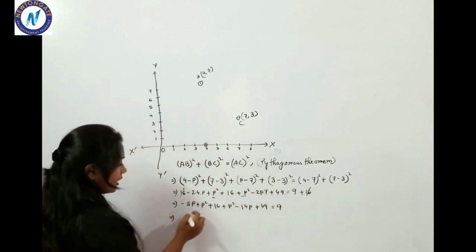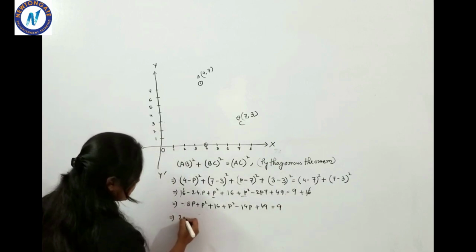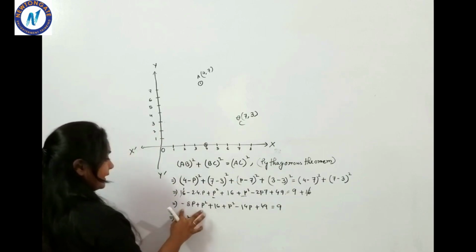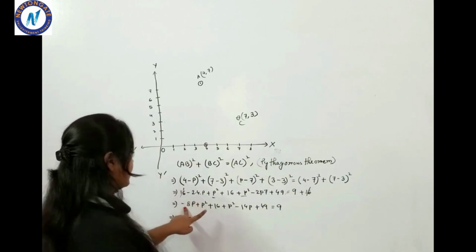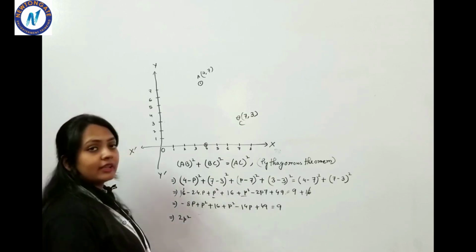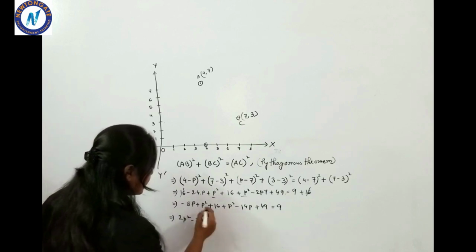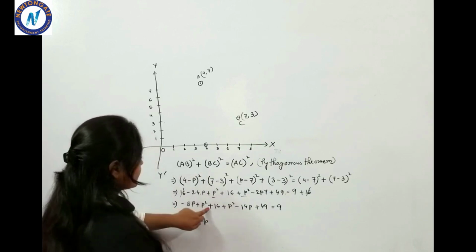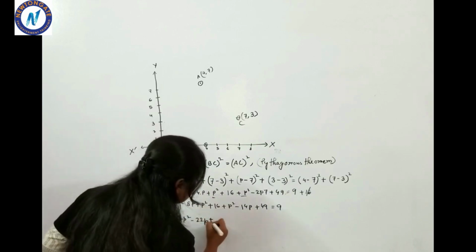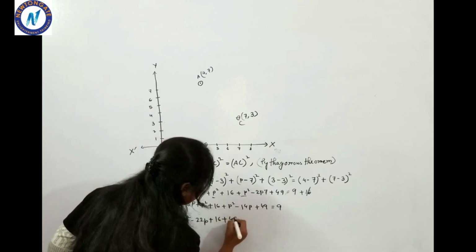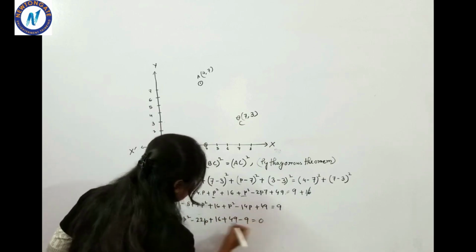Then we will get P square plus P square, 2p square, minus 8 minus 14, that means minus 22p, plus 16 plus 49 minus 9 equals 0.